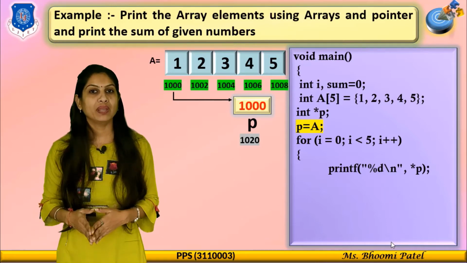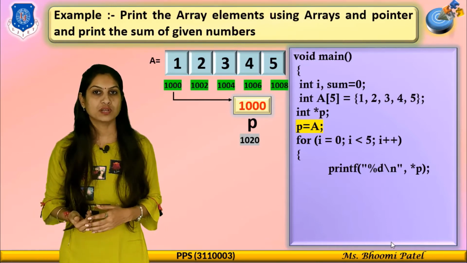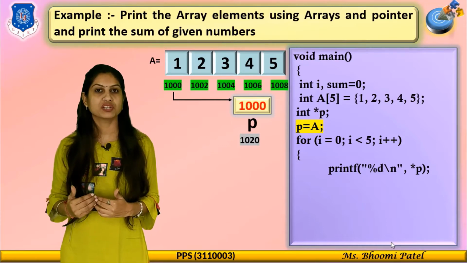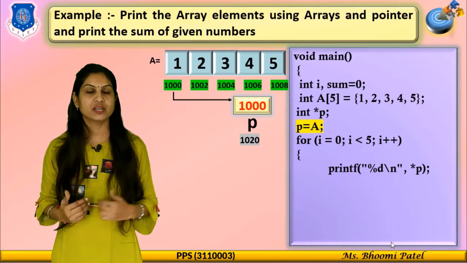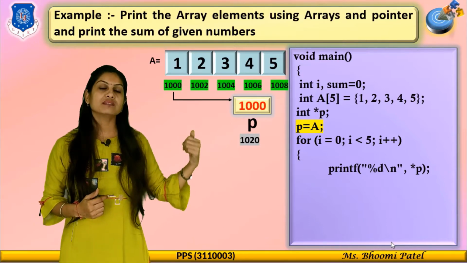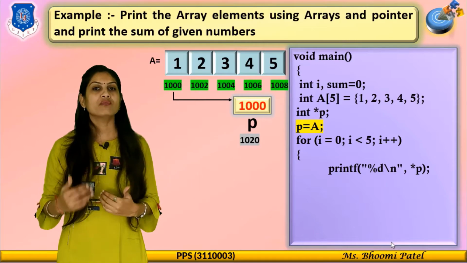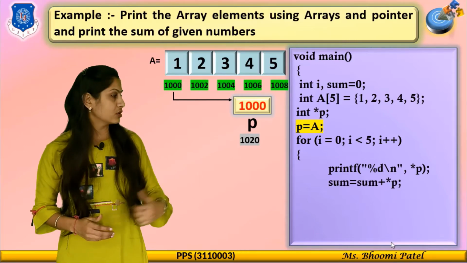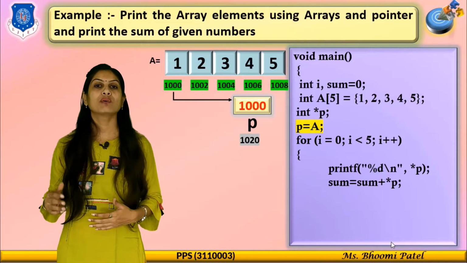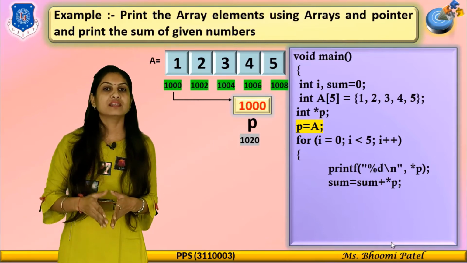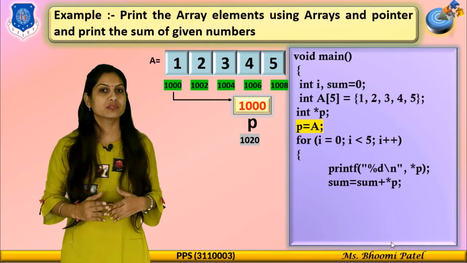If I put p, then it prints only 1000, but now we want to print the value at the 1000 location. So before the pointer we put star, meaning here the first value, that is 1, will be printed. Now we want to find the sum. So my formula is sum equals sum plus star p. By default sum is 0, and 0 plus 1 means sum becomes 1.